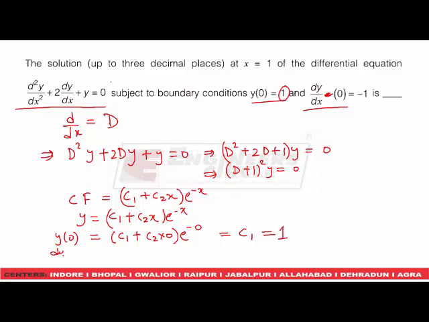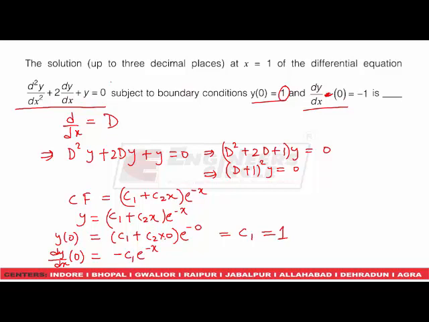Similarly, dy by dx at 0 equal to, so dy by dx of this function will be, differentiating c1 e to the power minus x, it will be minus c1 e to the power minus x.